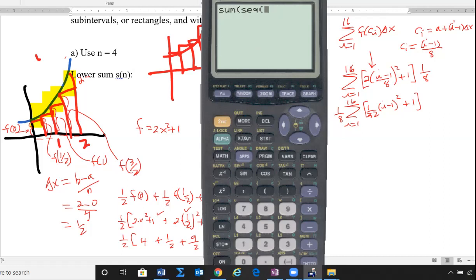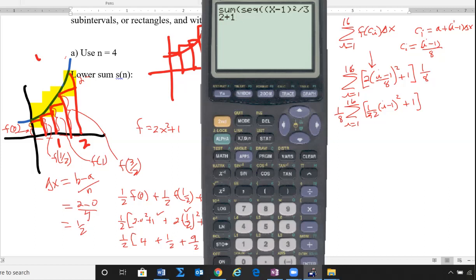So now the sequence is this. We'll go with x again, x minus 1 quantity squared, and that's divided by the 32. And you're going to add a 1, and you're going to put a comma.